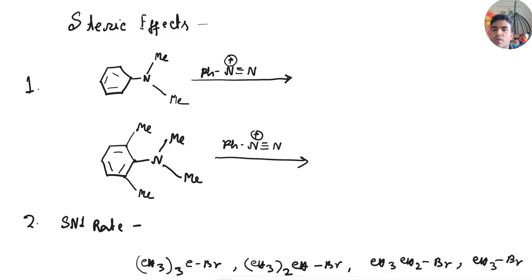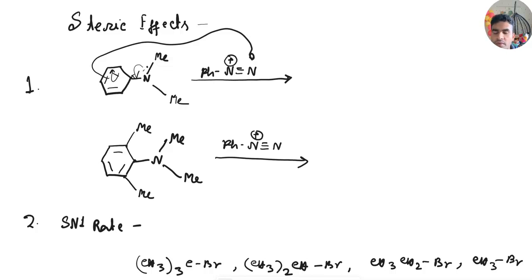So what will happen? This will attack at the para position in such a way, and a diazo coupling reaction will take place.